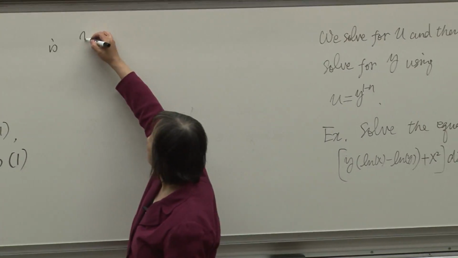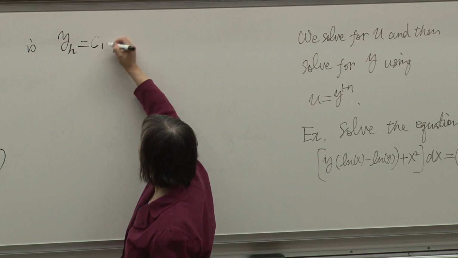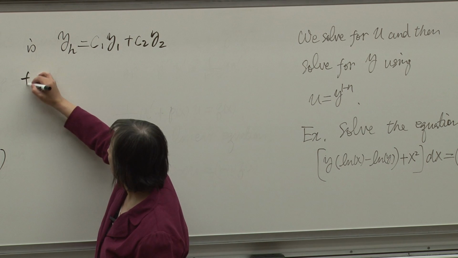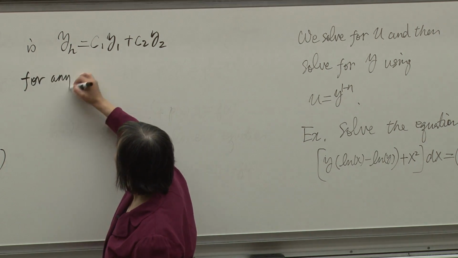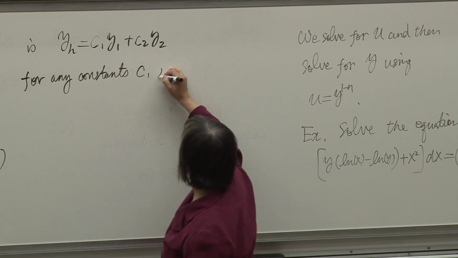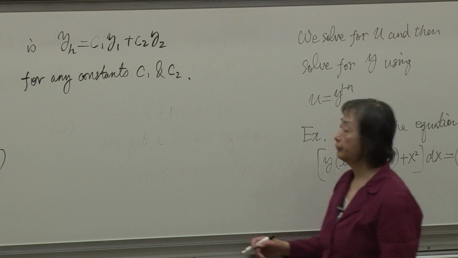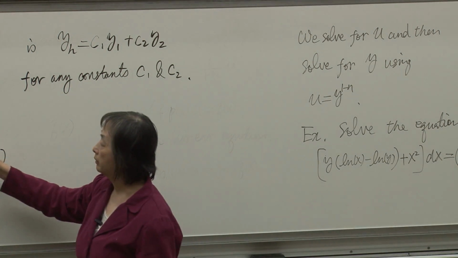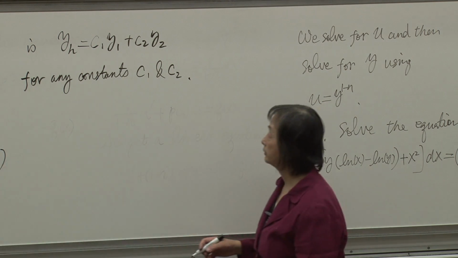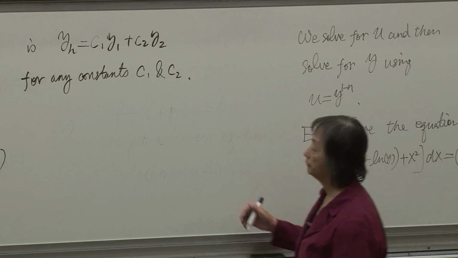We denote this general solution by yh, which equals c1 y1 plus c2 y2 for any constants c1 and c2. So when we solve a second order homogeneous ODE, we always try to find two linearly independent solutions so that we can find a general solution.